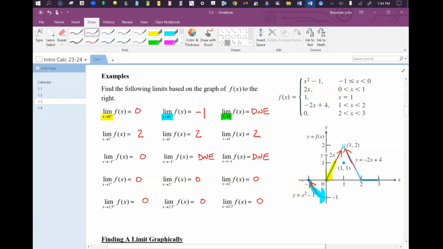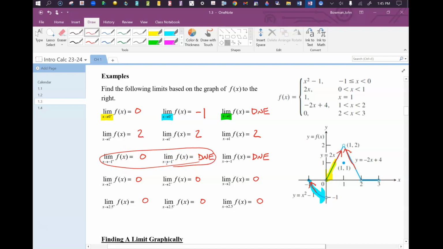The function doesn't exist there, so you can't talk about a limit because there's no part of the graph to be on to approach x equal -1 from the left-hand side. So the limit as x approaches -1 from the left, from the negative side, does not exist. Therefore, the limit as x approaches -1 does not exist because these two limits right here are not equal to each other.